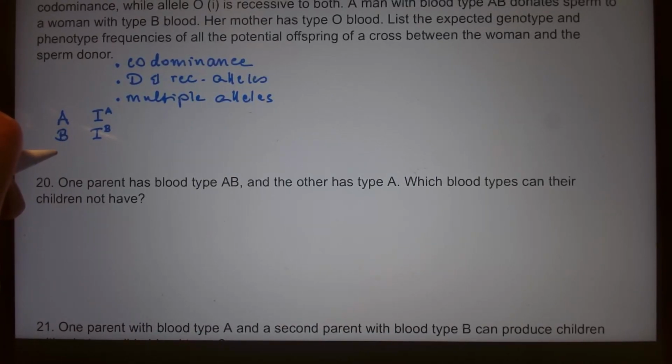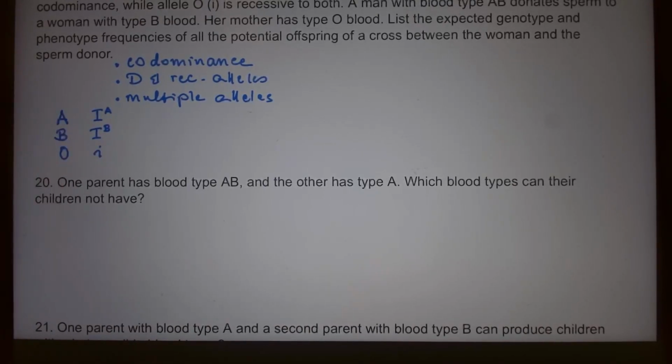And also we have another allele, the O allele, that we will write with a lowercase letter i, indicating that this is recessive to both A and B.